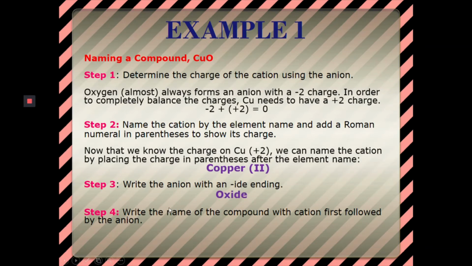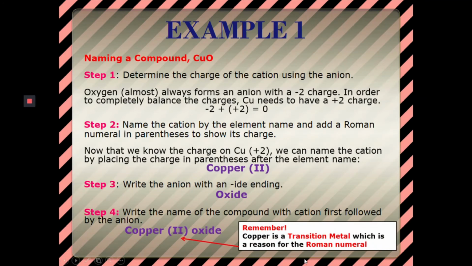So the name of this compound will be copper 2 oxide. Remember that any metal that belongs to the transition metals, in order to differentiate the charges, we put the Roman numeral.